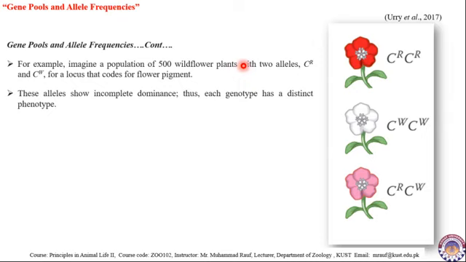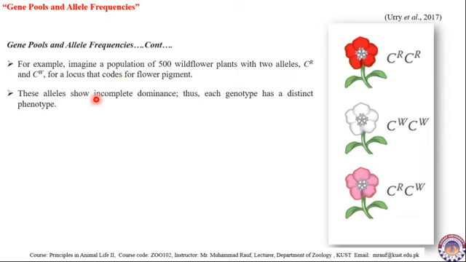So there are two alleles for the flower color, and these two alleles are CR and CW. This one determines red color, this one determines the white color for a locus that codes for flower pigment.